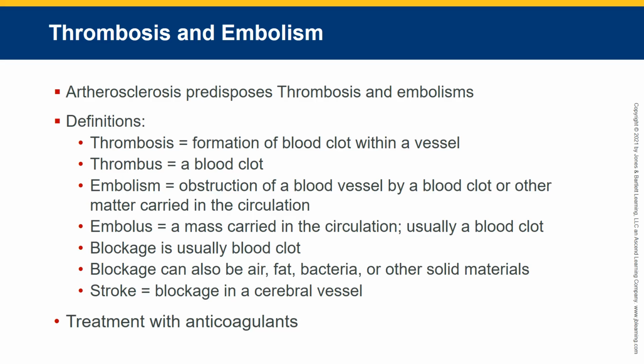So thrombosis or a thrombus, a little clot. You may hear people talk about something like a pulmonary embolism. This is when you get an obstruction in the lungs. That's a common one. And then stroke is a blockage to the brain. And how do we treat it? We treat it with anticoagulants.